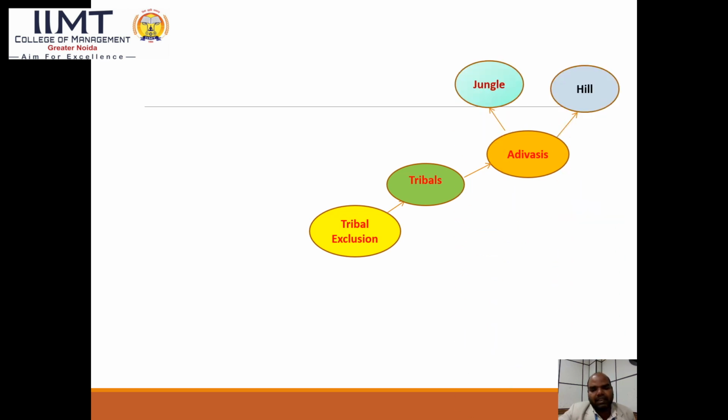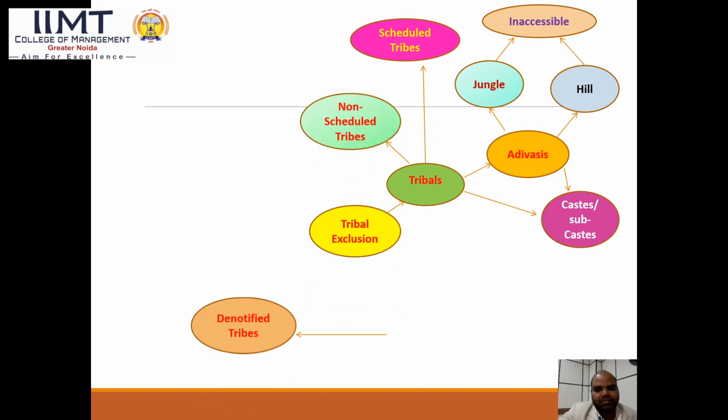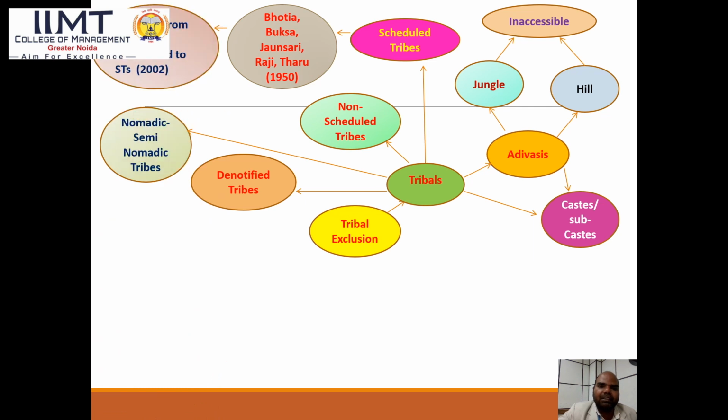Jungles, hills, inaccessible, castes, subcastes, scheduled tribes, non-scheduled tribes, denotified tribes, nomadic and semi-nomadic tribes, Bhotia, Buksa, Jonsari, Raji, Tharu, which were added in 1950. 17 subcastes were transferred to ST from SC in 2002.